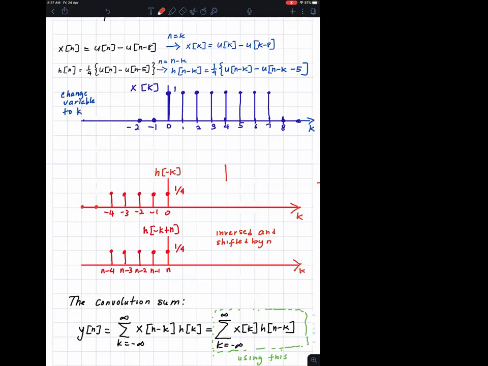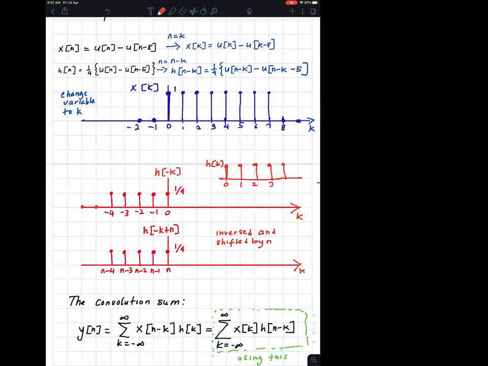We just showed you that h of k is 0, 1, 2, 3, 4. You inverse it, then you get h of minus k.